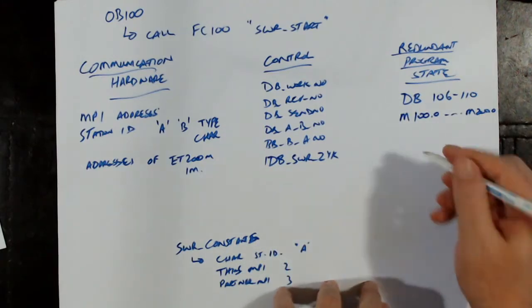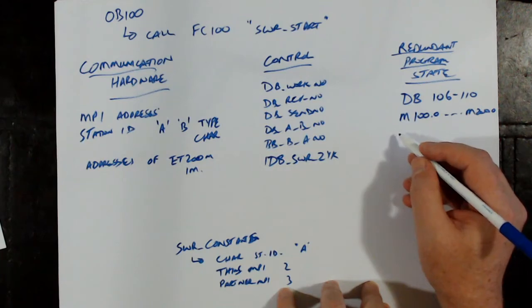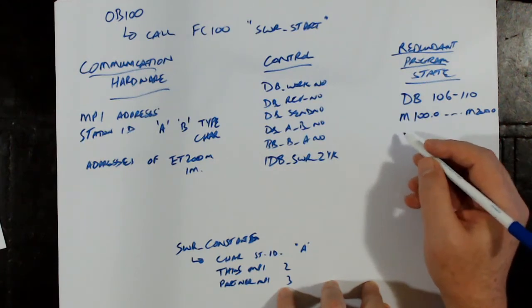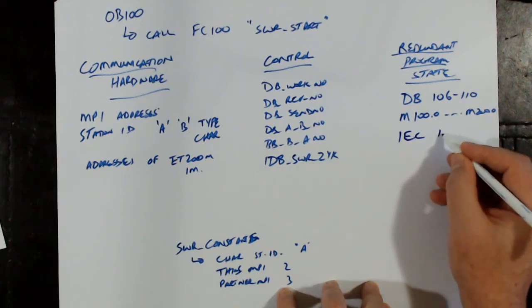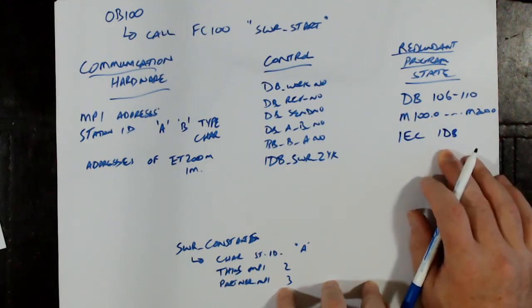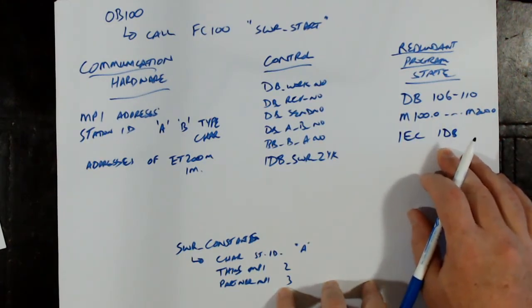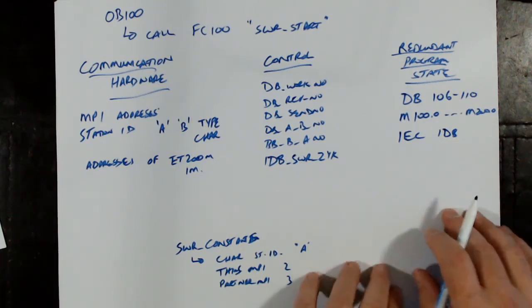And lastly, we can also have instance DBs for IEC timers and counters. So we need to know all those as well, and that gives us enough information to be able to record the program state.